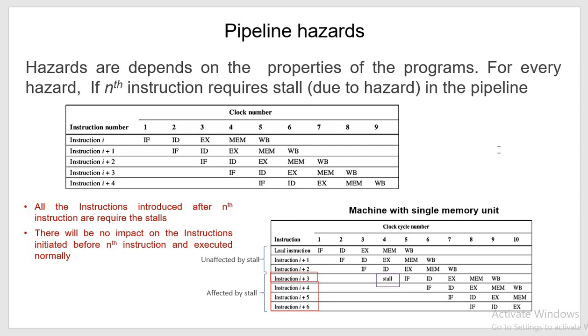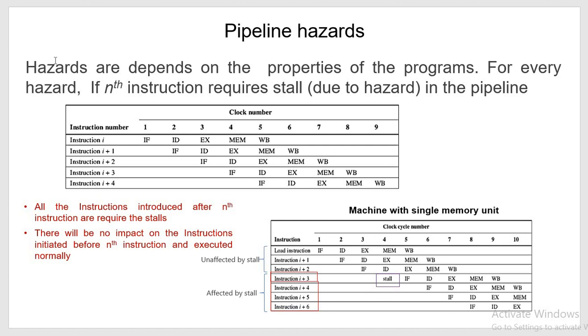Now we will try to understand what a pipeline hazard is and what the impact of pipeline hazards is on the performance of the program, with the help of different diagrams. As we know, hazards depend on the properties of the program. We have discussed that there are three types of hazards: structural hazard, data hazard and control hazard.